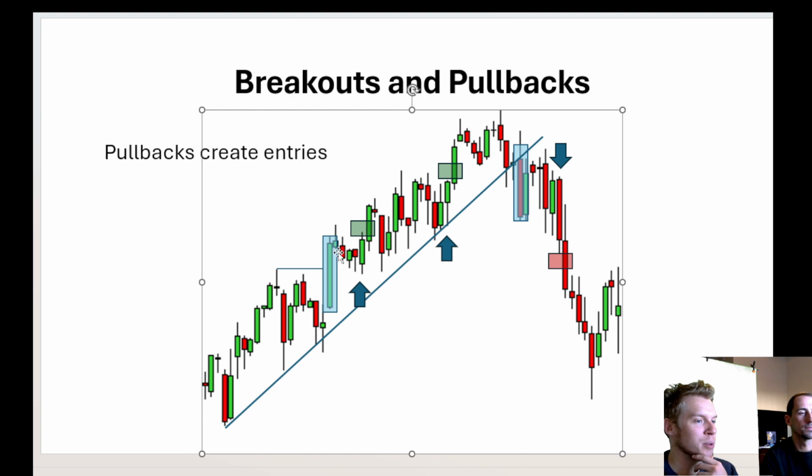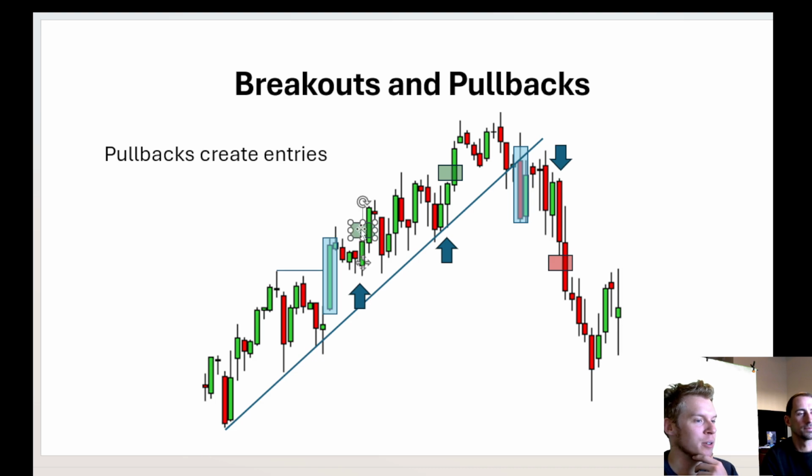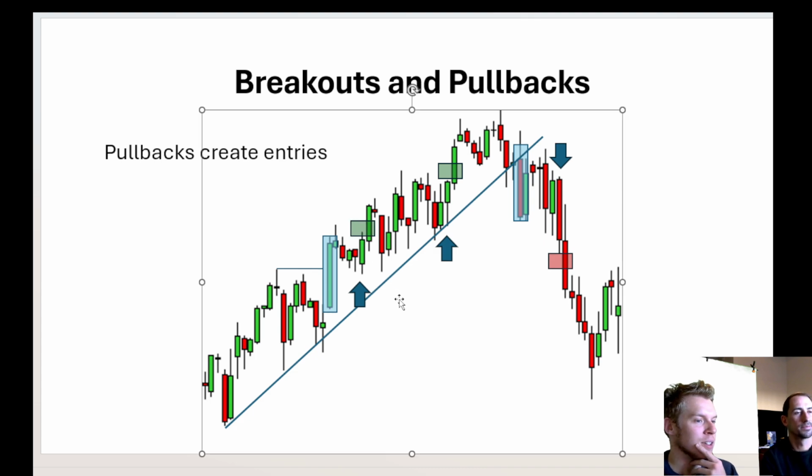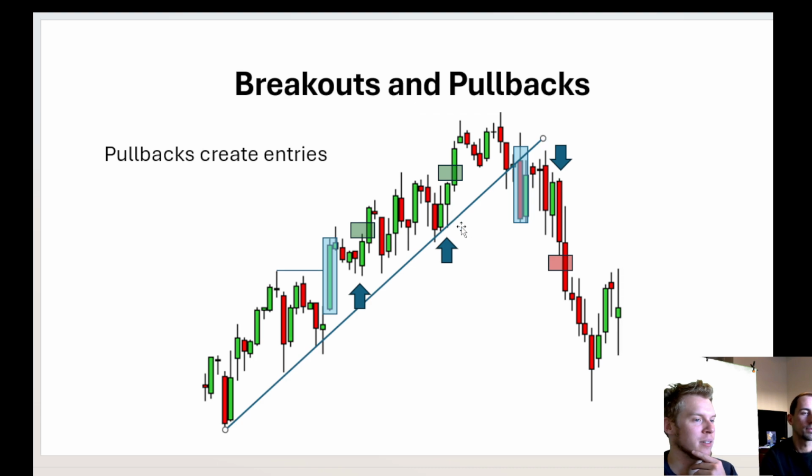So breakout, pullback, and then I have these green boxes marked where people will be buying above those bars. So people will be buying here. And as we get a move back to the channel here and another good looking bull bar, it's closing near its high, and people will be buying above that as well for it to go higher.